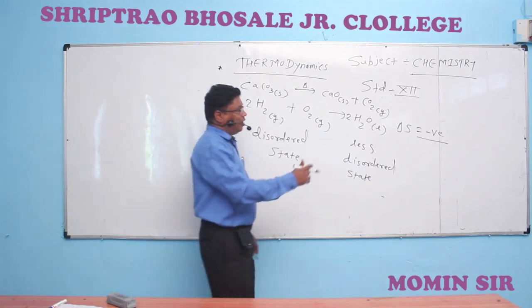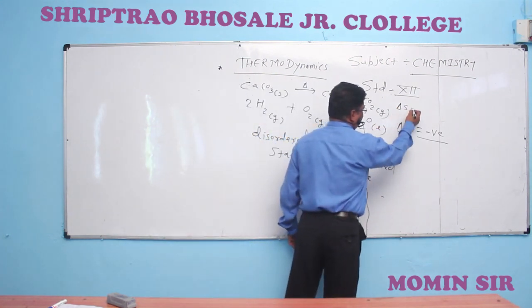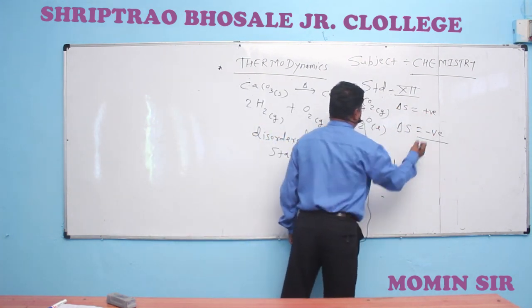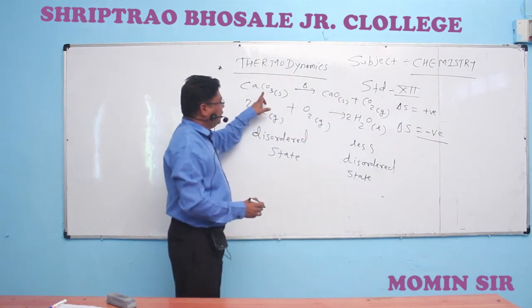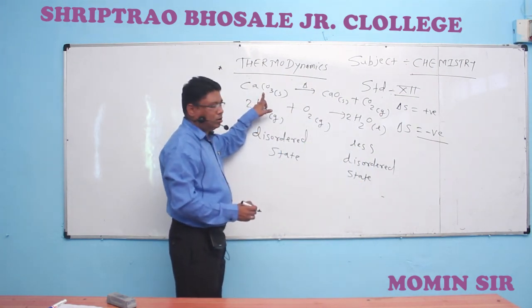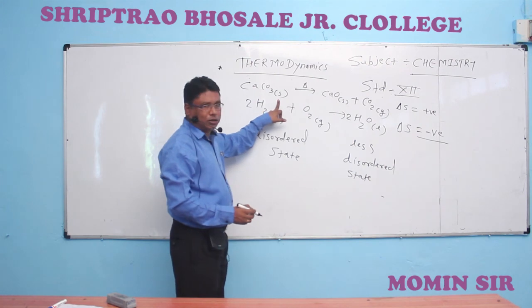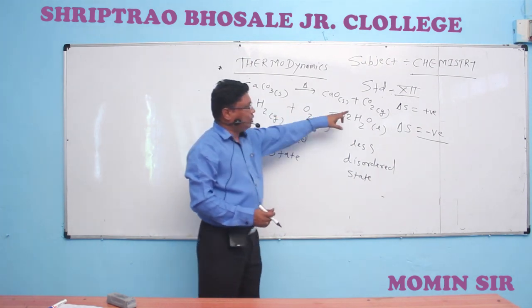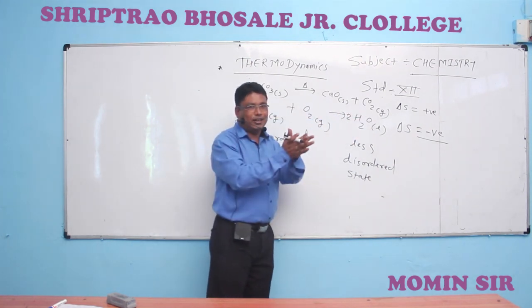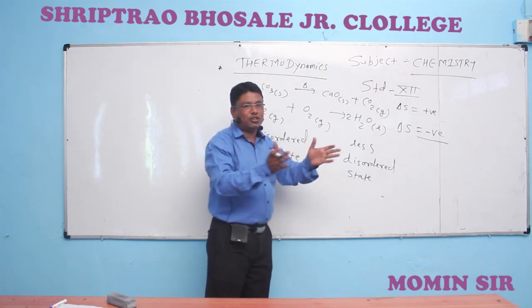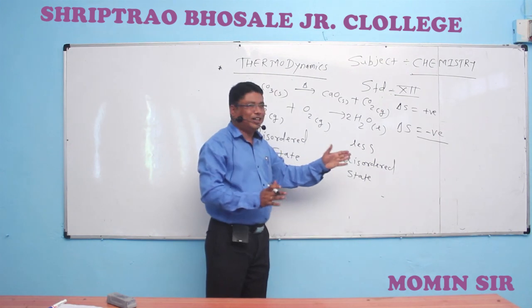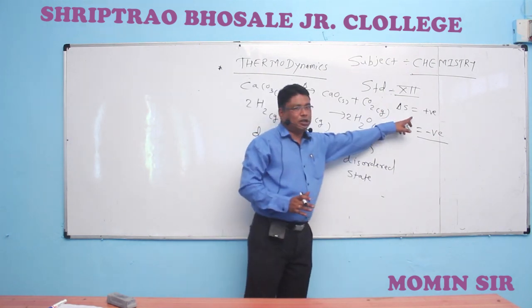Yes, the value of delta S is positive. Why is it positive? Because calcium carbonate is in the ordered state, but it is converted into carbon dioxide gas, a disordered state. The ordered state becomes disordered, which means entropy increases. That means delta S is positive.